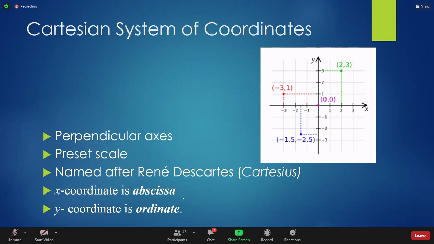And then we won't say X coordinate of this point, we will say abscissa of this point, the horizontal coordinate. Okay, so that much about the introduction.